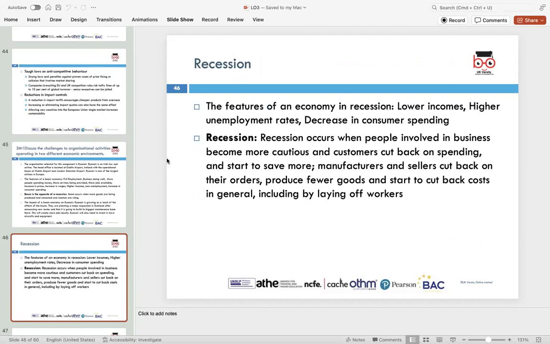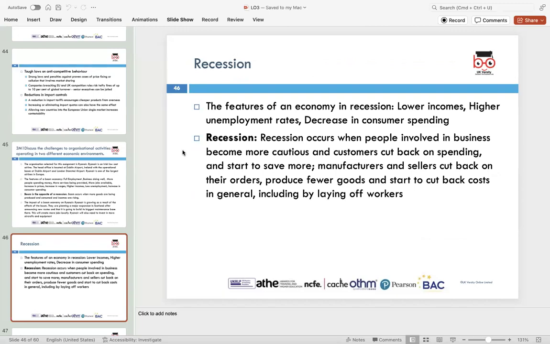Lower incomes, higher unemployment rates, and a decrease in consumer spending are the characteristics that mark an economy that is experiencing a recession.